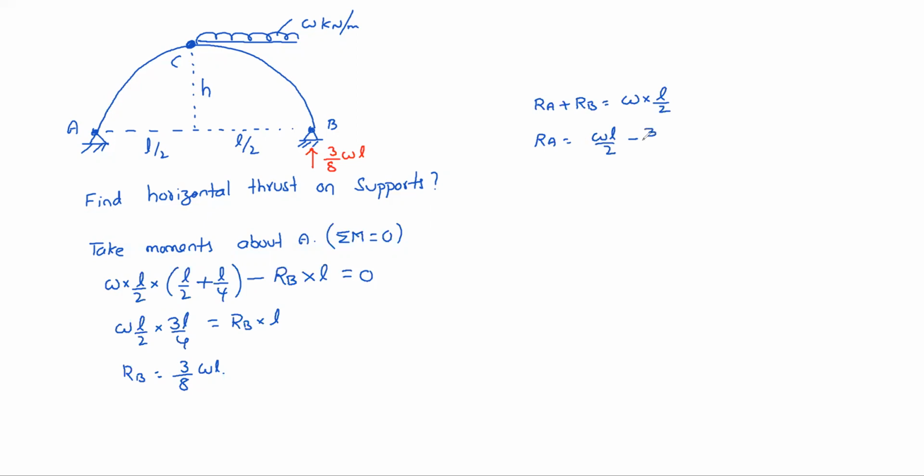RB is 3/8 of WL, which is equal to 1 by 2 minus 3 by 8 of WL. 8 is LCM, 4 minus 3 WL, which is equal to WL by 8. Okay, here it is, WL by 8. So RB is 3 times more than RA.